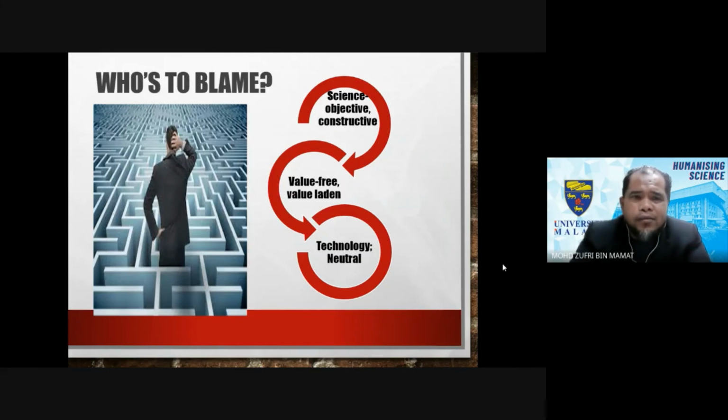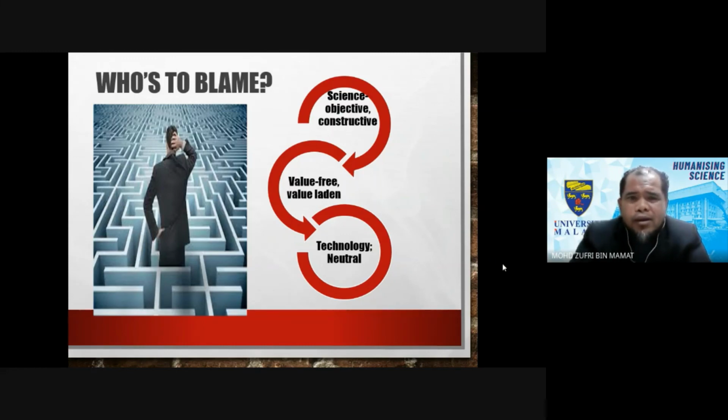So the question we can raise is, who's to blame? We know that maybe we agree that science is objective. Maybe some of us agree that science is not objective but constructive, which involves the values of the scientific community and so on.